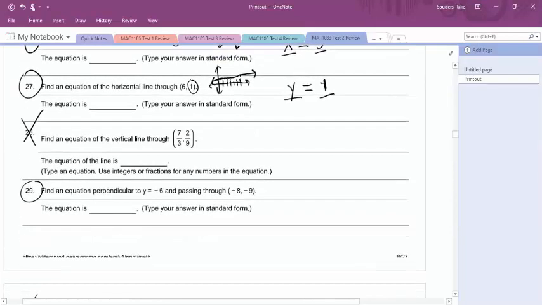So let's look at number 29. It's going to take it a step further. Find an equation perpendicular to y equals -6 and passing through -8, -9. So I first want you to think about y equals -6. What kind of line is that? Horizontal. And if it helps, you certainly don't have to, but by all means, draw out these problems because that might actually help you figure out what's going on.